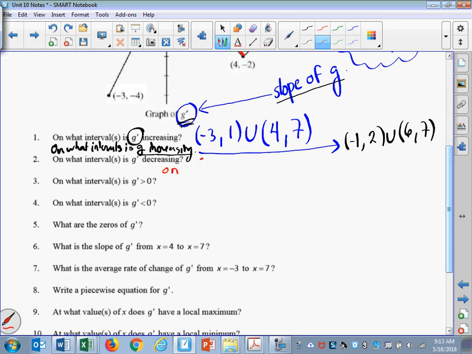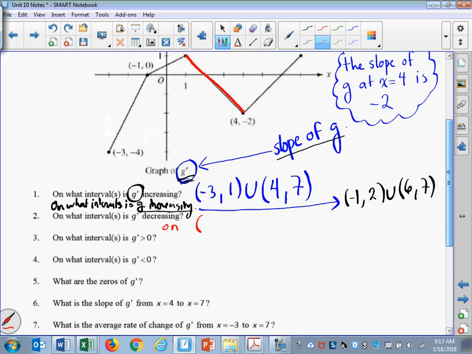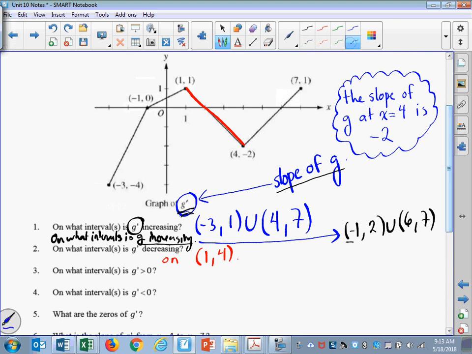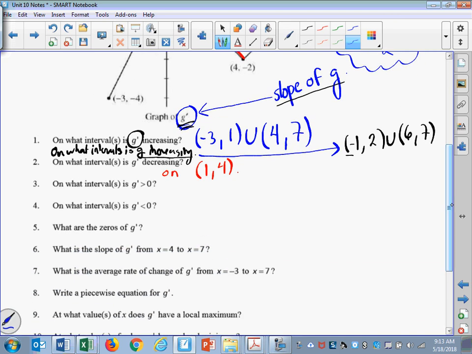That answers number 2. On what interval is g prime bigger than 0? We already answered that one right here. Notice where g prime is bigger than 0, that's where it's above the x-axis, those two spots right there. That's from -1 to 2, and then picking back up right here from 6 to 7.